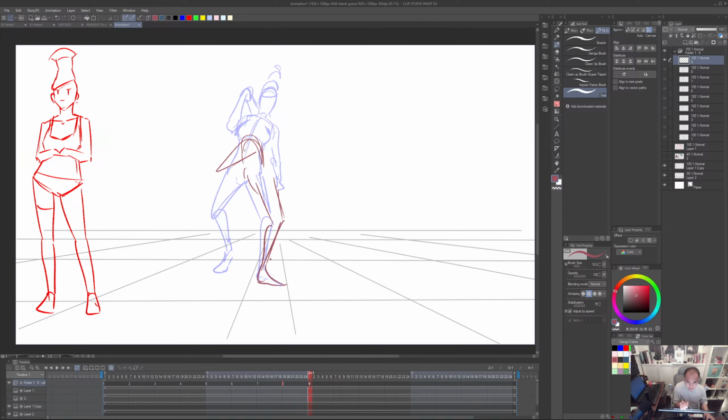Again, guys, those are fundamentals. At some point in your art career, you're supposed to be doing that. If you don't, then as an animator, it restricts you because you didn't do those.